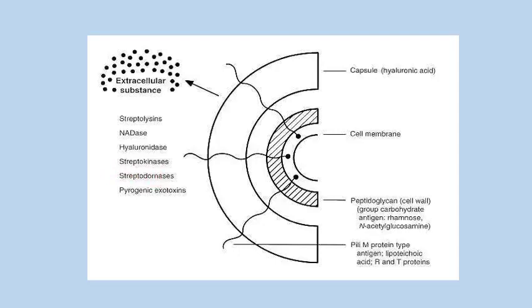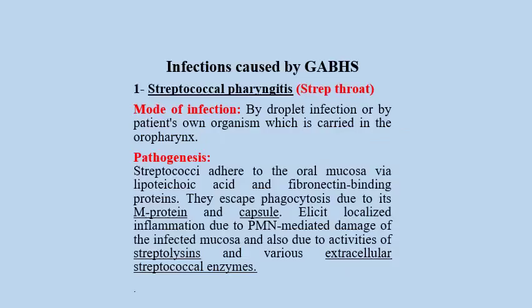Okay? Next, infection caused by group A beta-hemolytic streptococci. Now we want to know about the infections caused by this organism. Number one, streptococcal pharyngitis, the most common kind of infection, which can be simple or self-limiting.